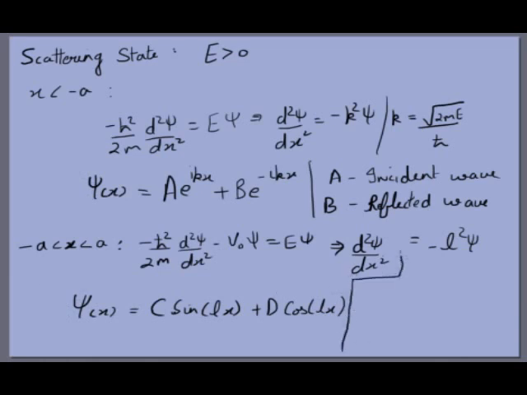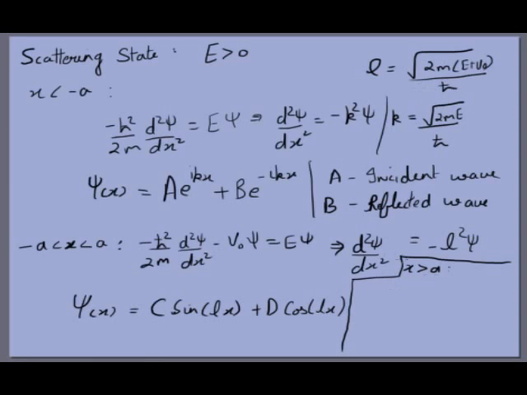Now let's try to do for the third region, x greater than a. This will be similar to the first region, A e to the power iota kx plus B e to the power minus iota kx. Wait a second, I forgot to write the value of L. L will be root of 2m times (E plus V naught) by h. So L is greater than k.